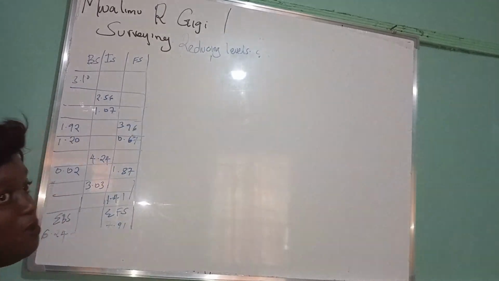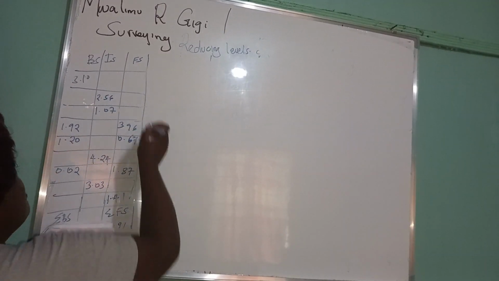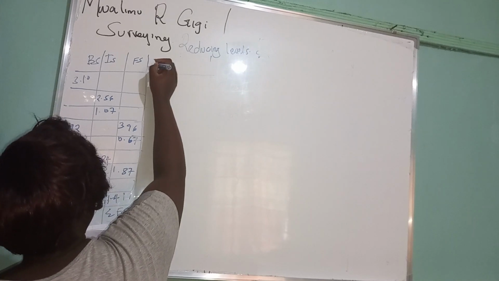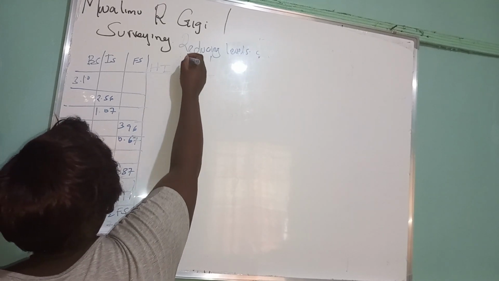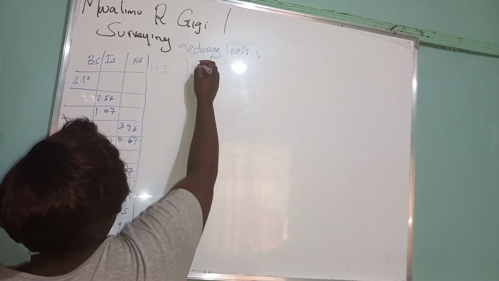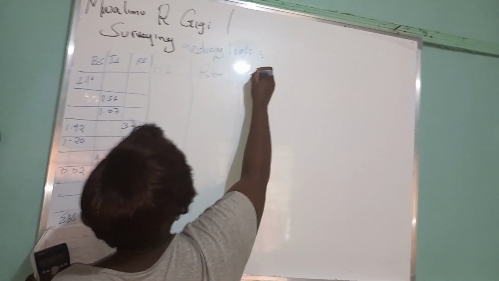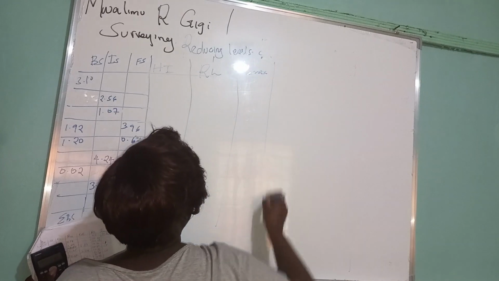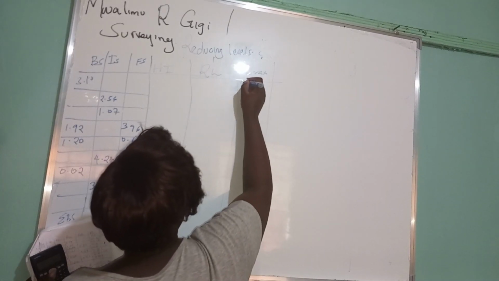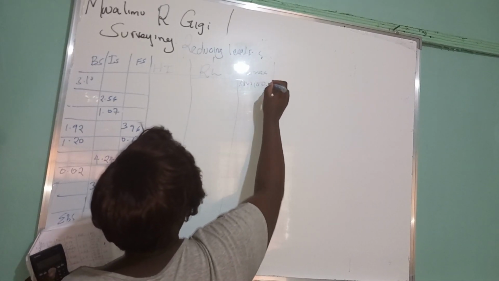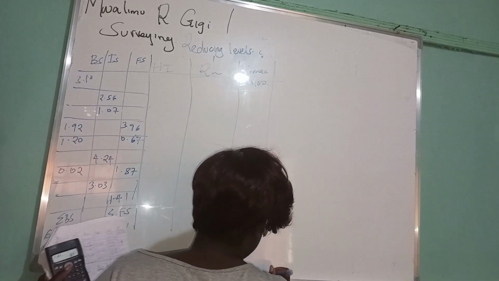For the height of collimation method, we remember the booking. In the booking, we introduce the height of instrument, and then the reduced level, and lastly we have the remarks. At point A, the remark was the benchmark of 100.